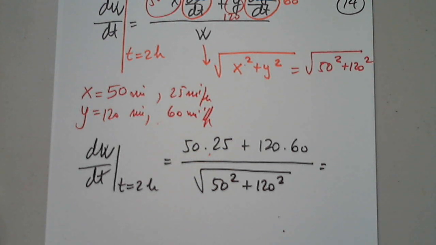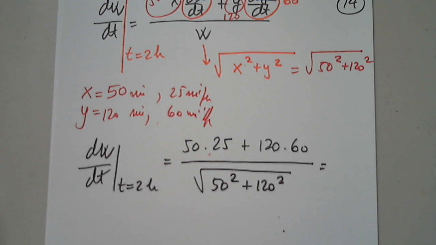Since I need a final answer approximated, I'm going to do this. Please do that in one step with parentheses. So we have 50 multiplied by 25 and plus 120 multiplied by 60. Close the parenthesis and divide by the square root.